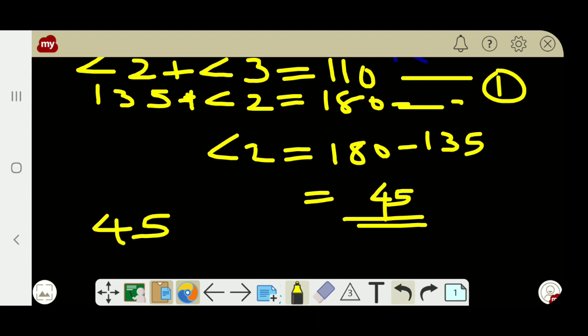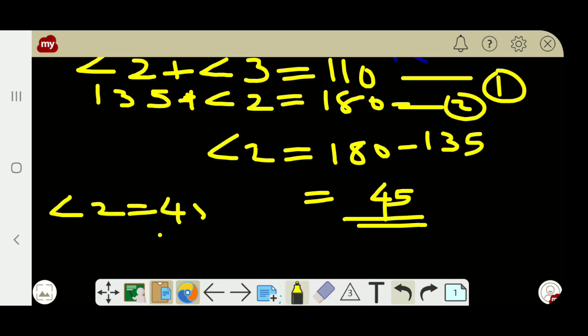This is equation number 2. Then we can substitute angle 2 equals 45 in equation number 1. Yes, substitute that.